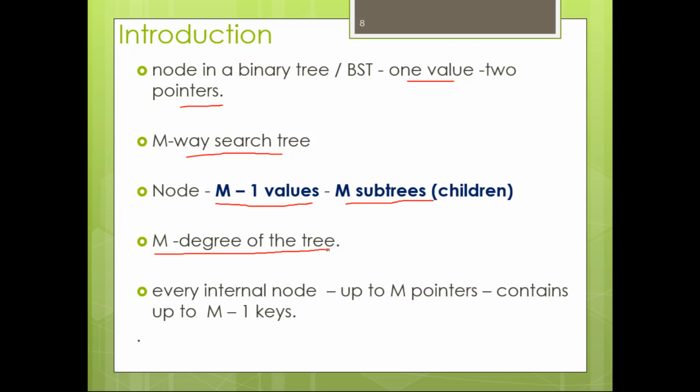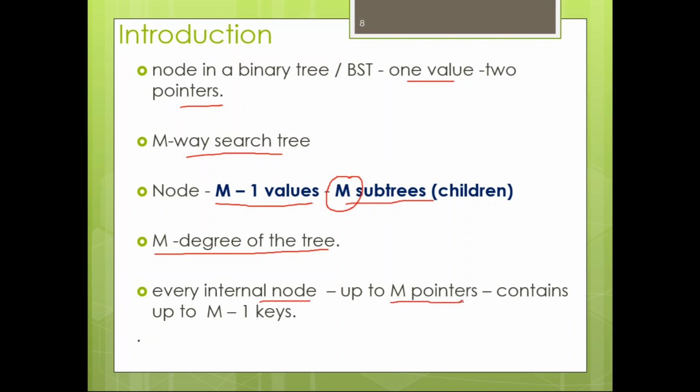The degree of the tree is nothing but the maximum children a node possesses. So the maximum children any particular node can possess in an m-way search tree is m, and every internal node can have up to m pointers.